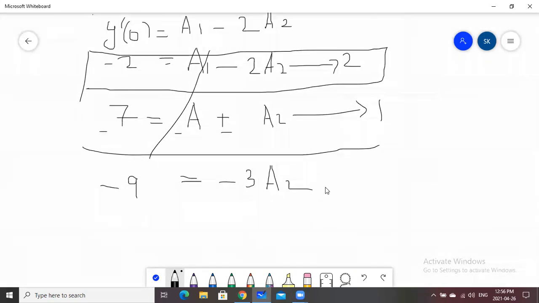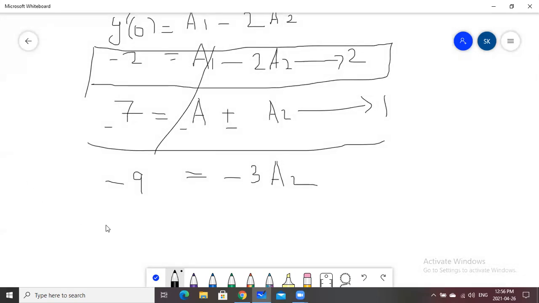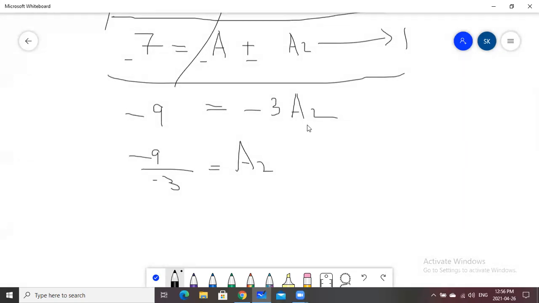By taking the minus 3 to the left hand side, we get minus 9 divided by minus 3 is equal to a2. Now what will be the value of a2? It is very simple. Both the negative signs will be cancelled out with each other. 3 threes are 9. Therefore, the value of a2 is equal to 3.